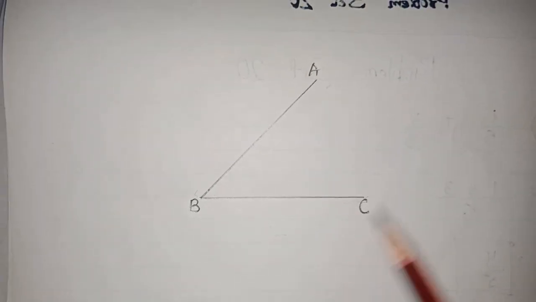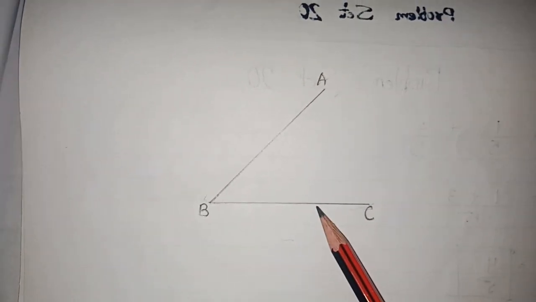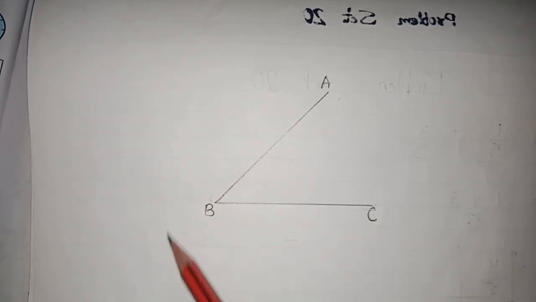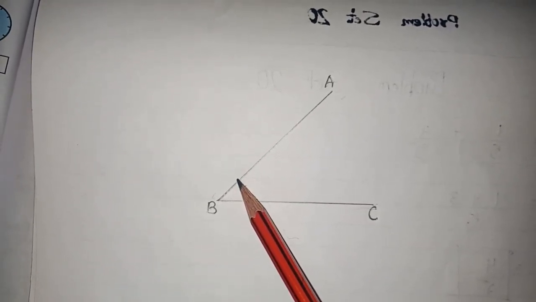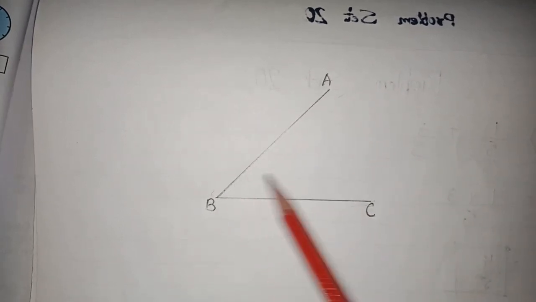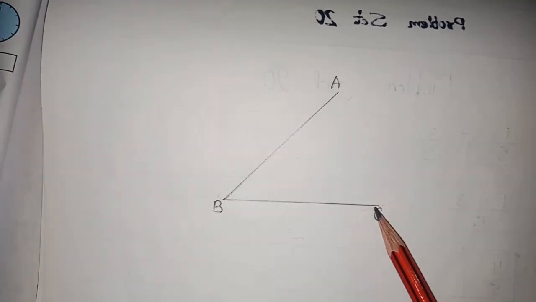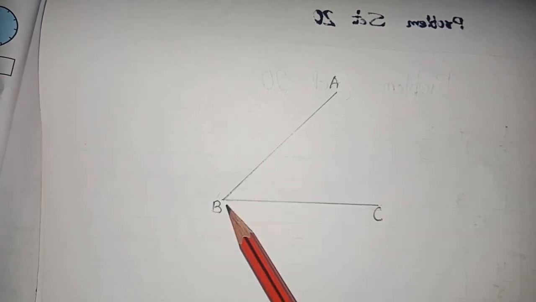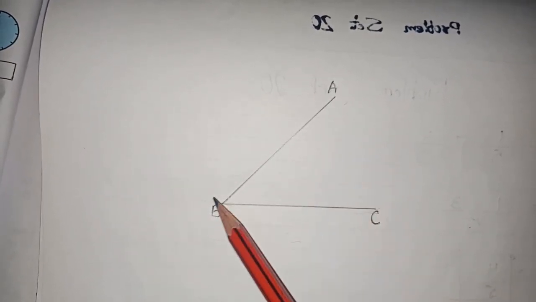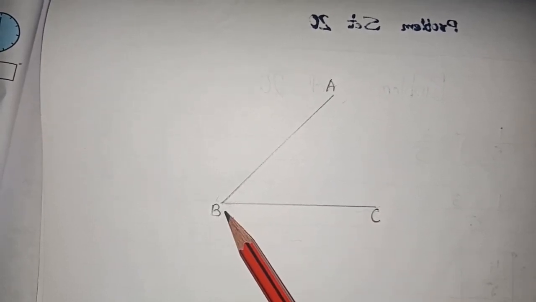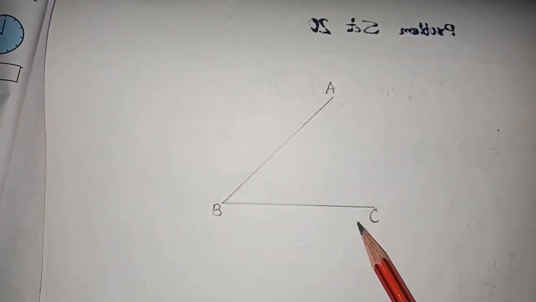Which is the common point between these two lines? The common point is B, right? These two lines joining together to form an angle. The common point B is called the vertex. BA and BC are the arms of the angle, right?